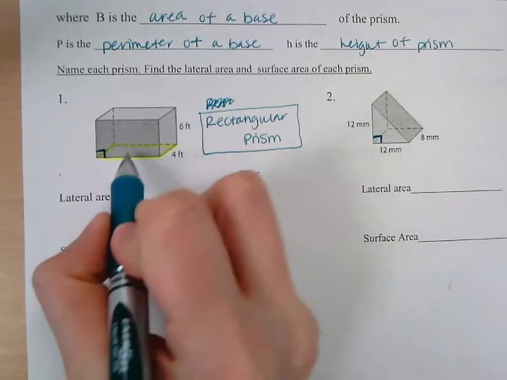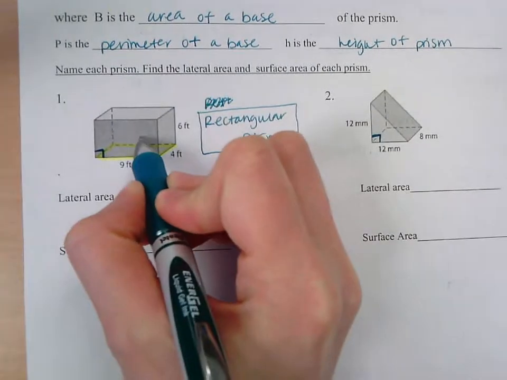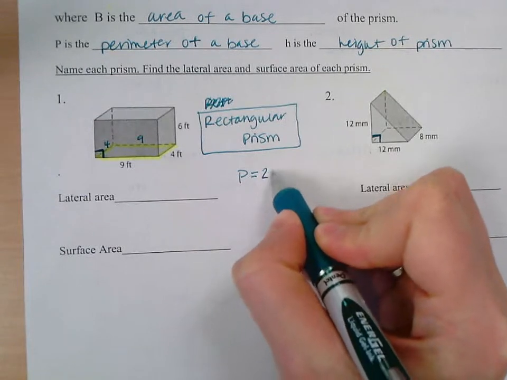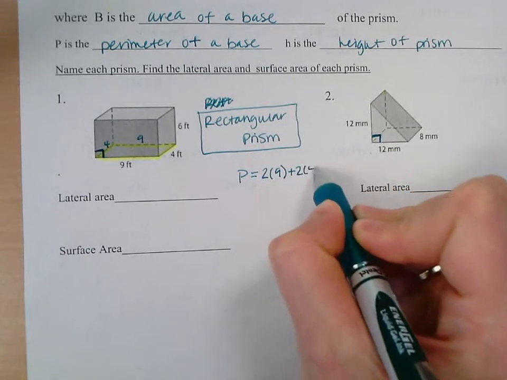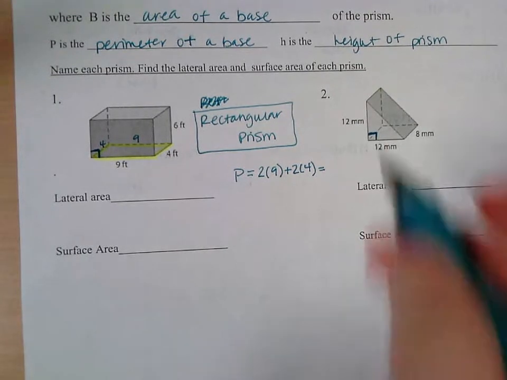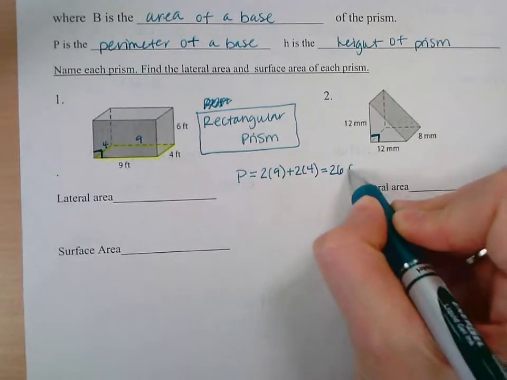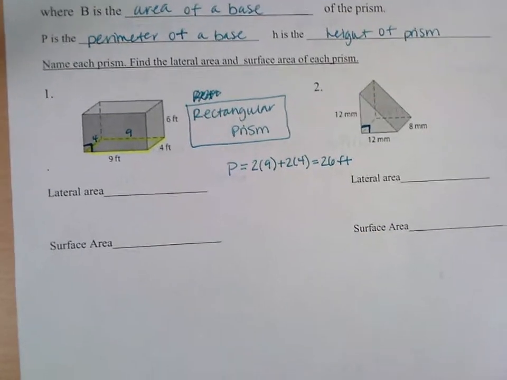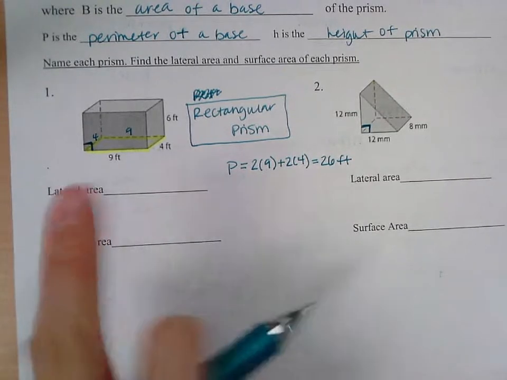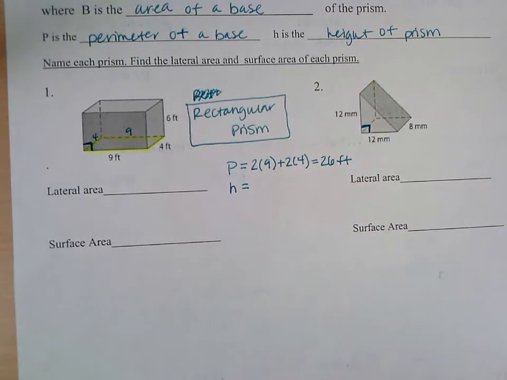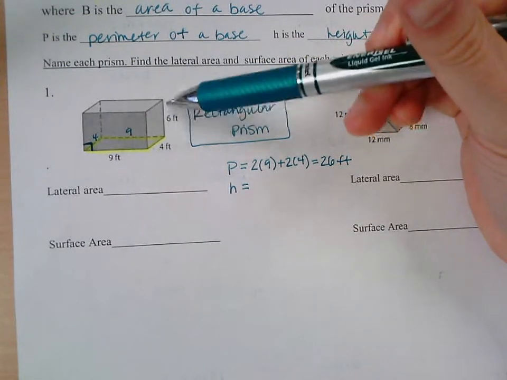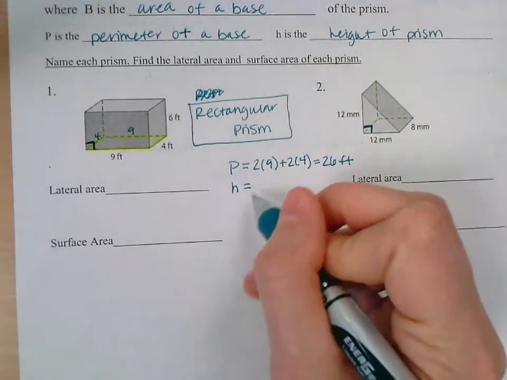So I know that I have 2 lengths, they're both 9, and then 2 widths, they're both 4. So my perimeter would be 2 times 9 plus 2 times 4. So that would be 26 feet. So that's the perimeter of a base. And then also for lateral area, I need to know the height of the prism. And the height of the prism is this 6. So how tall it is. So 6 feet is my height.